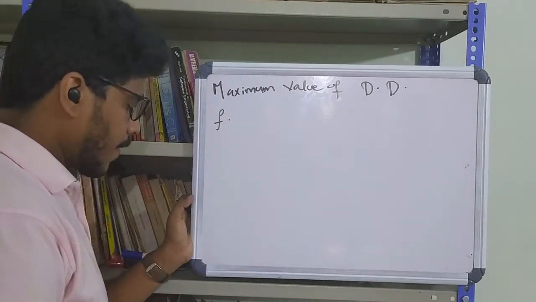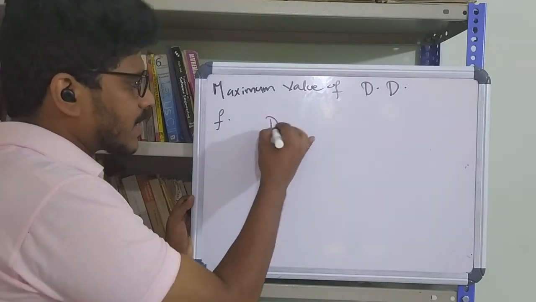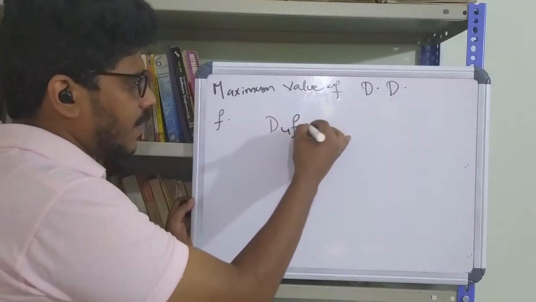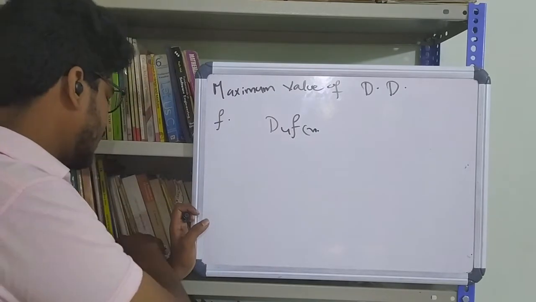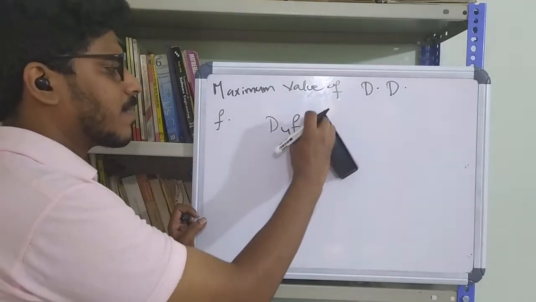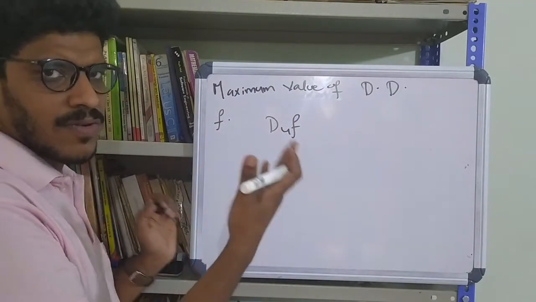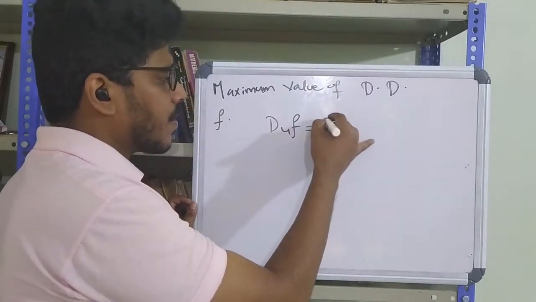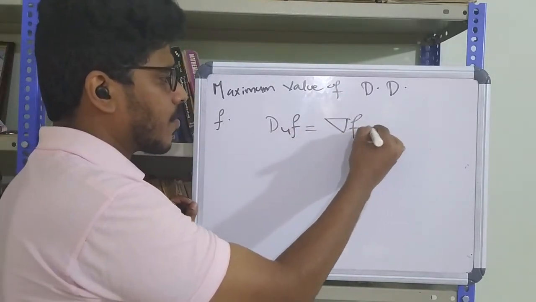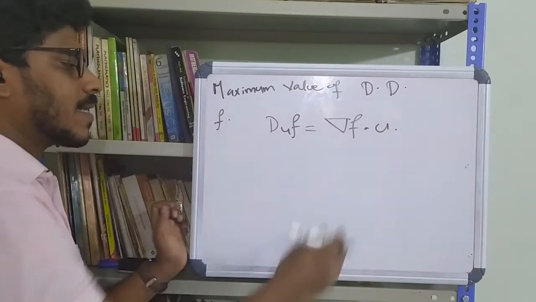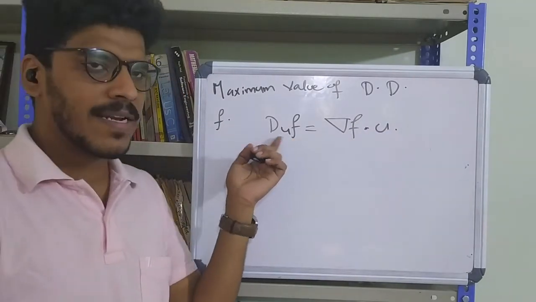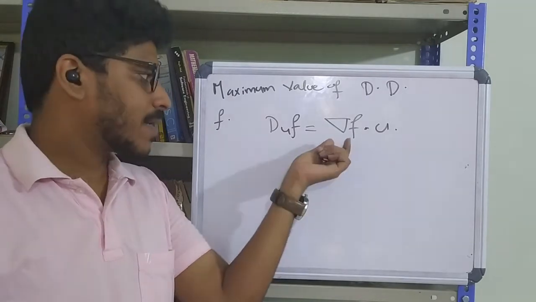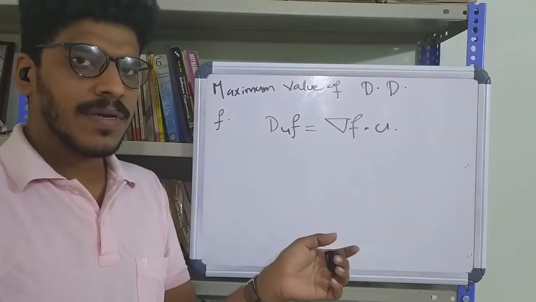And we know the directional derivative at x, y, z. I don't write this x, y, z again; you may remember that these are functions of x, y, and z, or any number of variables. Du f can be calculated as grad f dot u. The directional derivative of f in the direction of u at any point can be calculated as grad f dot u.